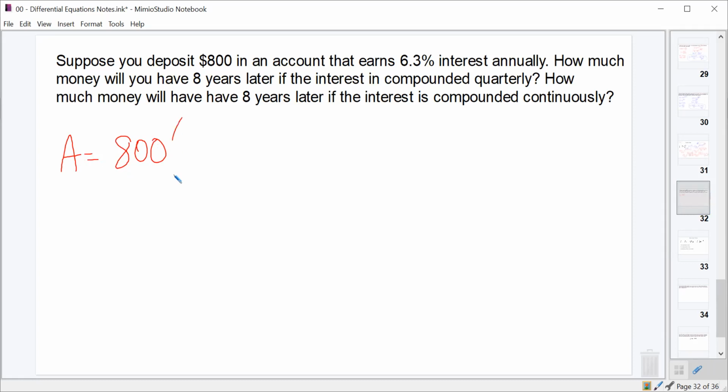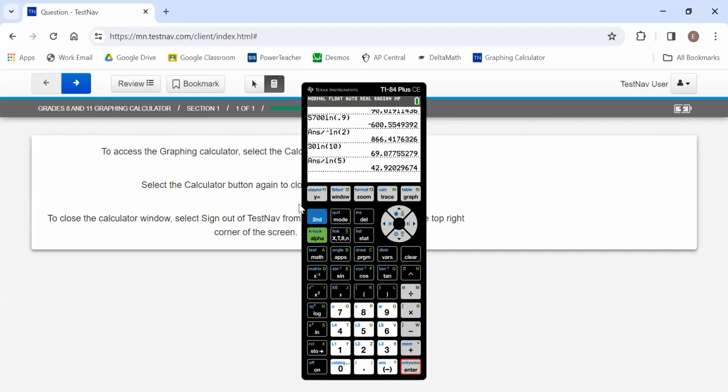So this is P times 1 plus our interest rate of 6.3%, written as a decimal, over our number of times compounded. Quarterly would be 4 times per year. And then to the power of n, 4 again, times t, which is 8. And so we'll just need to use our graphing calculator, or any calculator for that matter, to figure out what that value is. So let's go ahead real quickly and do that.